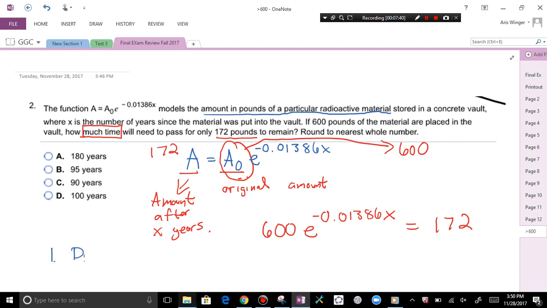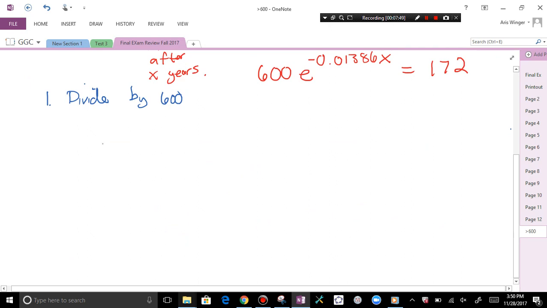Number one, we'll divide by 600. So divide by 600 on both sides. That means that e to the negative 0.01386x is equal to 172 over 600.